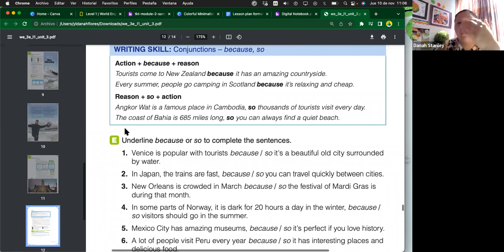I know that ahora sí que literal, you need to fill in the book.